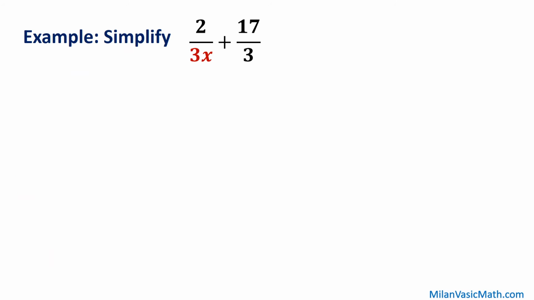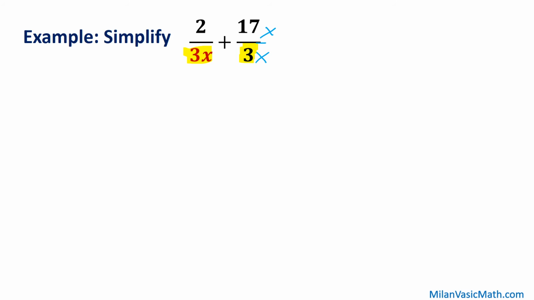Okay, let's apply it to rational expressions. So if you look over here, we have a 3x here. We have a 3 in the other one. So what would be nice is if I could get an x over here. Okay, but I can't just do that. I would need to do it in the numerator as well.